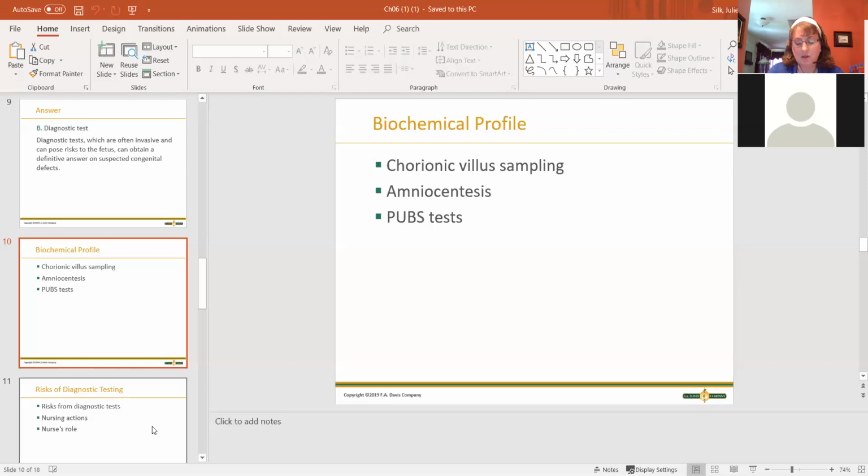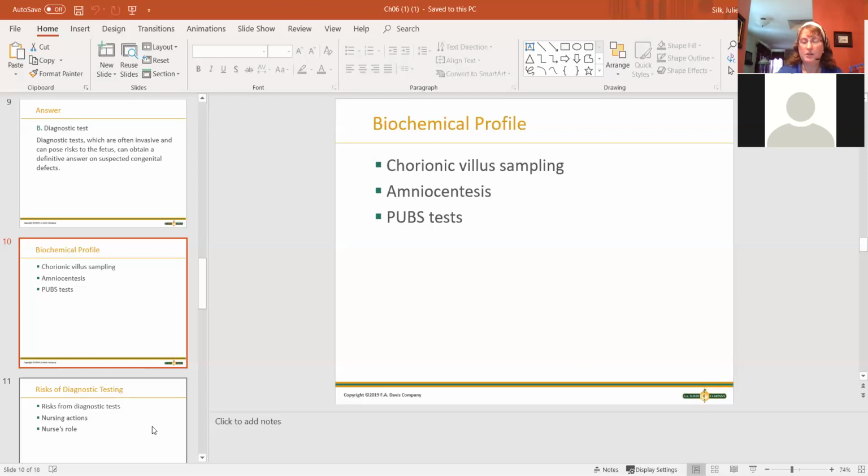So that could be another risk. The only time that's really a concern is if the fetus and the mother are different with their Rh status. Like say the mother's Rh negative and the fetus is Rh positive, that's when that would be an issue.